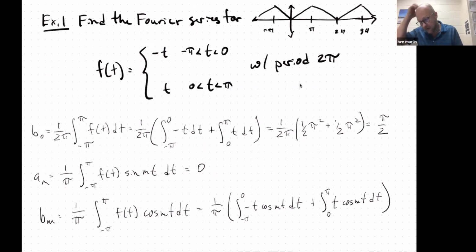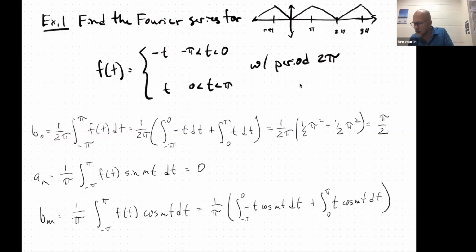Okay. All right. So in doing this, I always start with the b sub 0. So it's 1 over the length of your interval. The interval goes minus pi to pi. That's a length of 2 pi. So that's why it's 1 over 2 pi. So we're going to integrate the f of t over that interval and then divide.